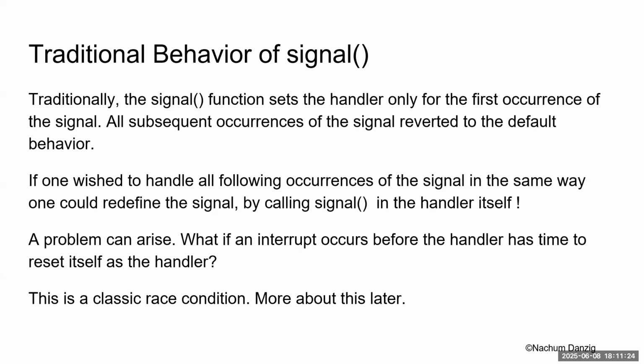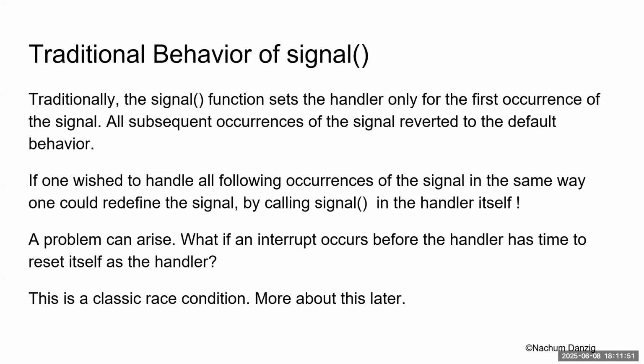Traditional behavior of signal: traditionally, the signal function sets the handler only for the first occurrence. That's what I said, the old system, traditional. All subsequent occurrences of the signal revert to the default. If one wished in the old days to handle all following occurrences of the signal in the same way, one could reset the handler by calling signal in the handler itself.